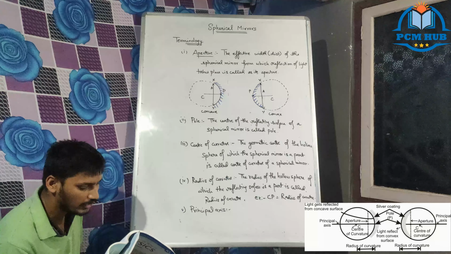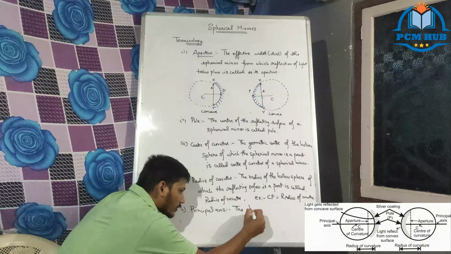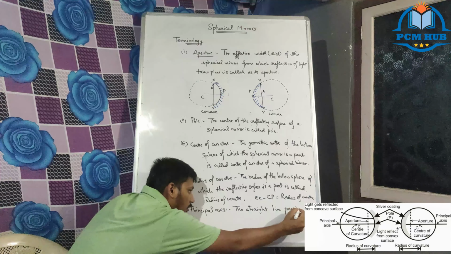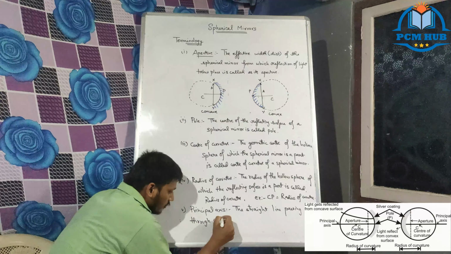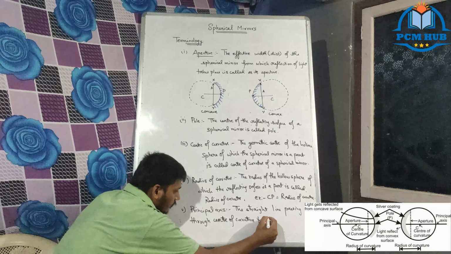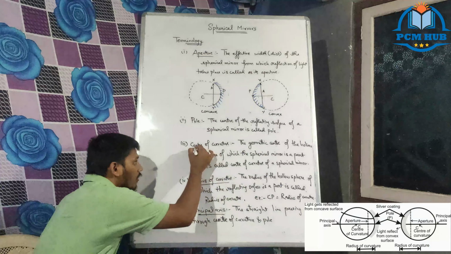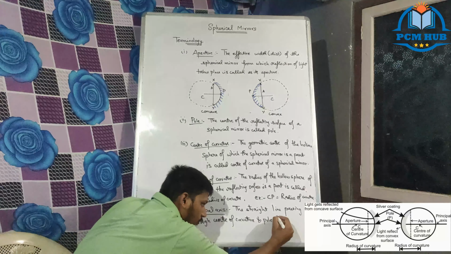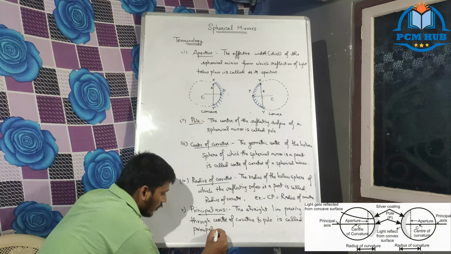The straight line passing through the center of curvature and the pole is called the principal axis.